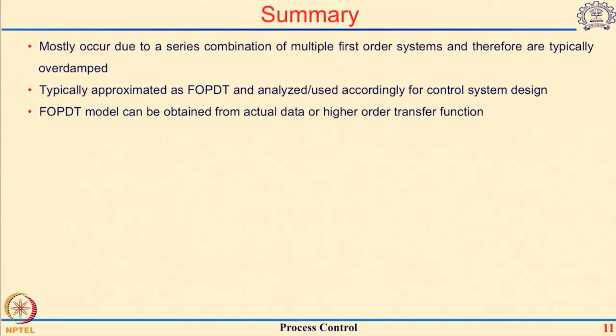That FOPDT model can be obtained either as an approximation of the original transfer function, or from experimental or real plant data. So we'll stop this lecture here, and in the next part of this lecture we'll look at the numerator dynamics. Thank you.